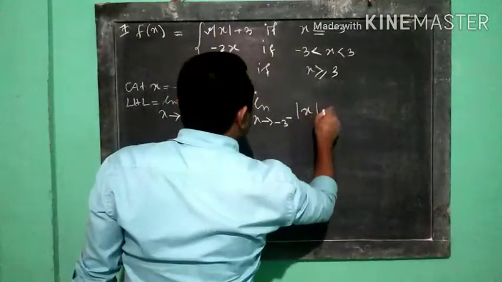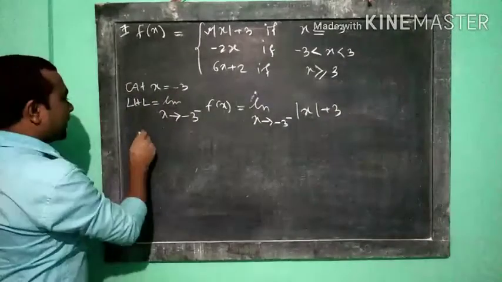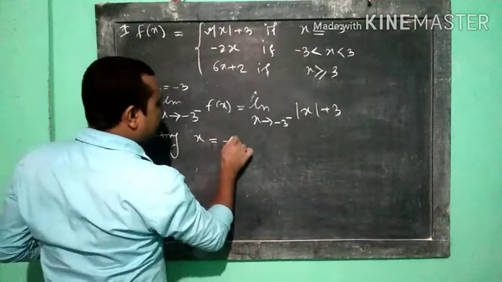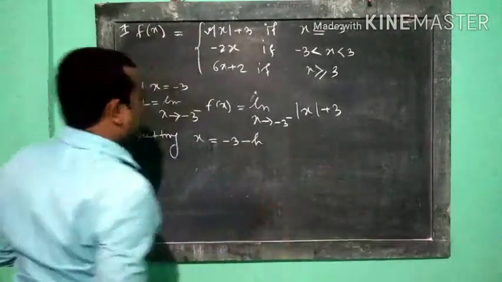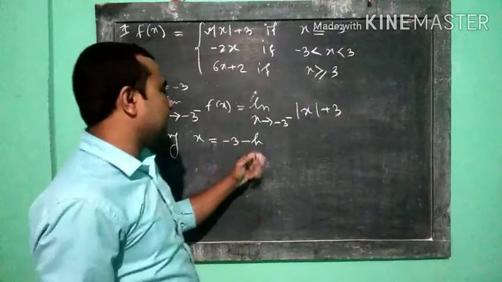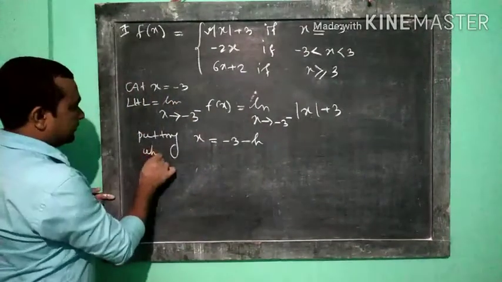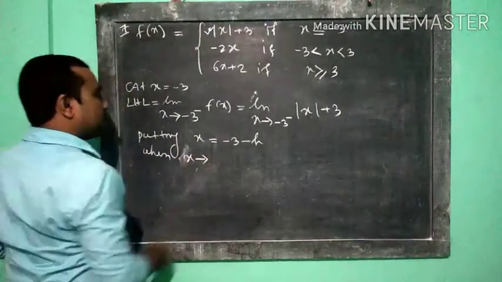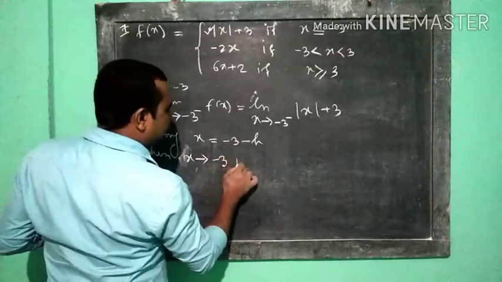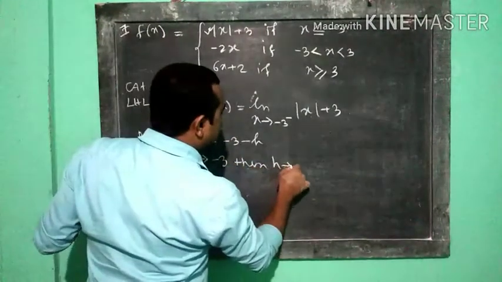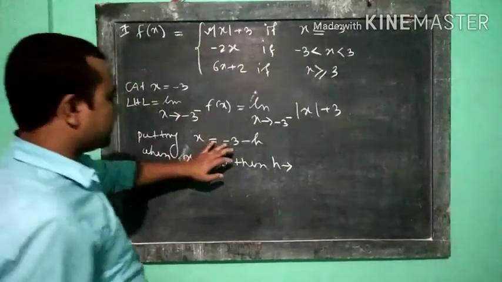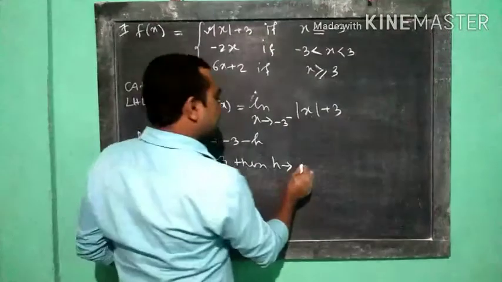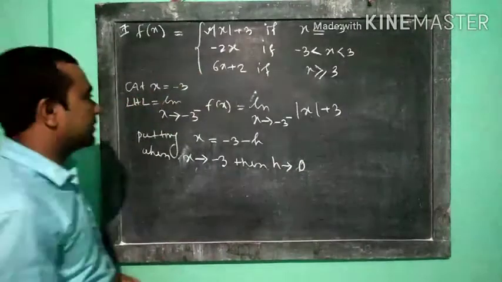So f(x) is modulus of x plus 3. We put x equal to minus 3 minus h. According to the condition, when x tends to minus 3, h tends to 0, because minus 3 cancels out, then h equals 0.